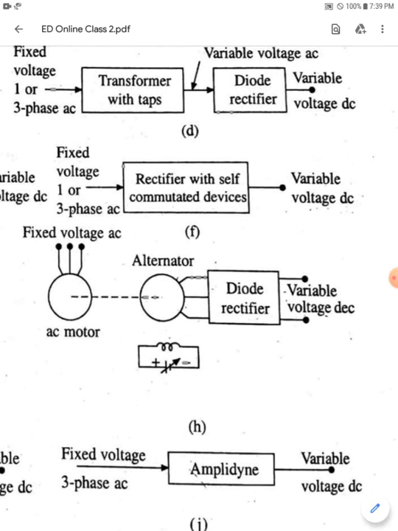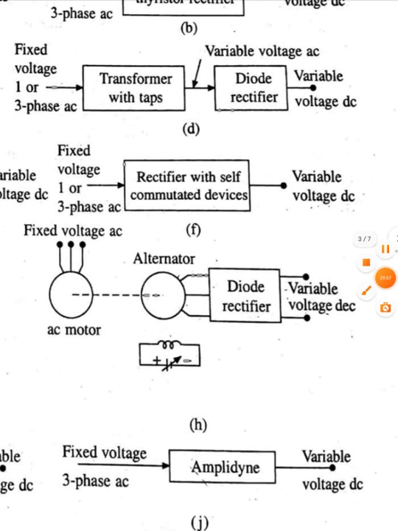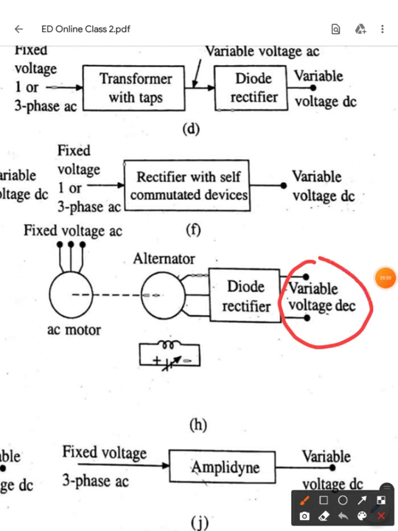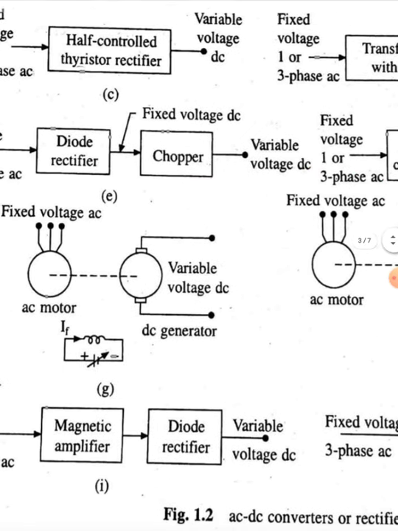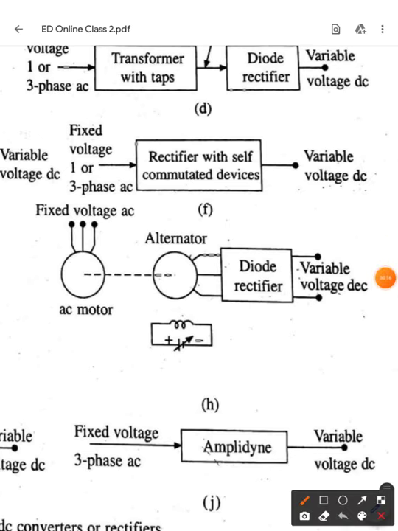In this case also, how can the variable DC voltage be generated? The same arrangement: one fixed AC voltage is given to an AC motor, but here, in the earlier case it is an AC motor with a variable field arrangement, whereas in this case only the AC motor is connected and AC supply is given to it, and this AC motor shaft is connected to an alternator.